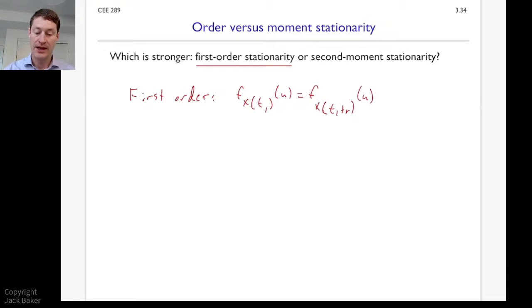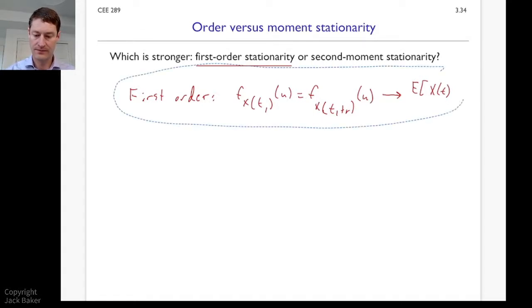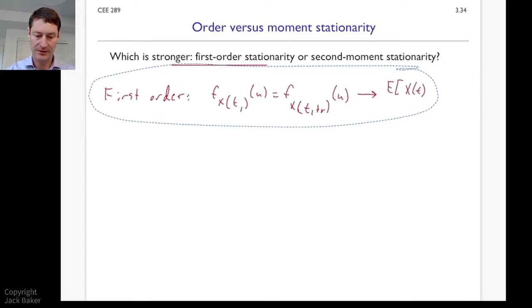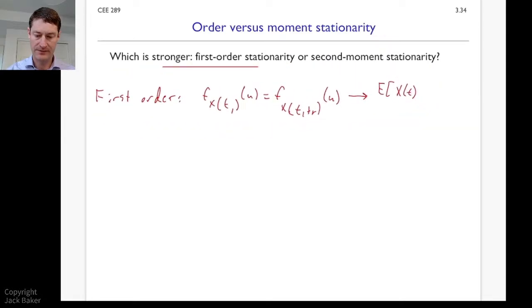Okay. And so if I think about expectations, what expectations are going to be constant by that? So the expected value of x of t is going to be constant.